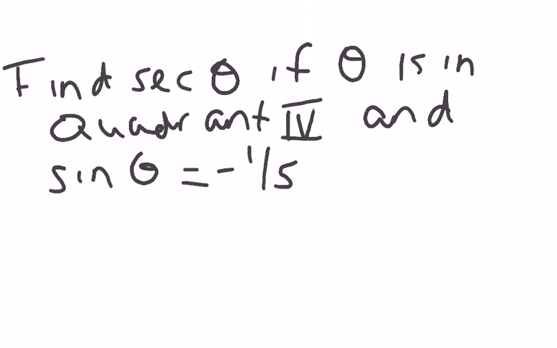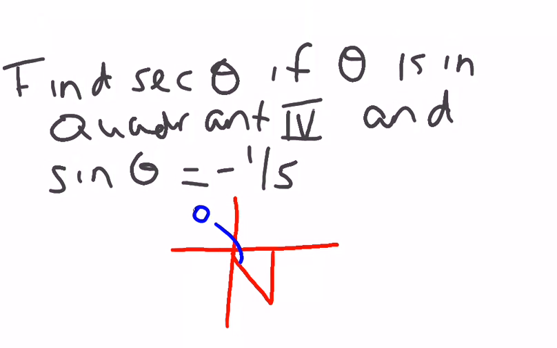So again, in these types of situations, if it helps to draw a picture, then go for it. So we know it's in quadrant 4. So we have a triangle built in to quadrant 4. And then right here is theta. And it says the sine is negative 1/5.